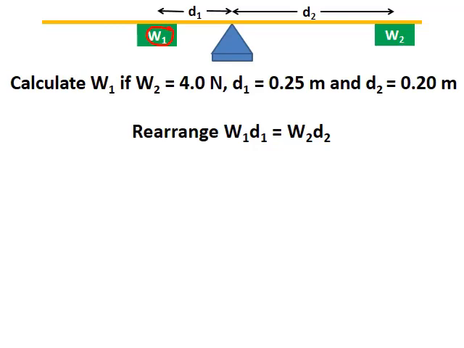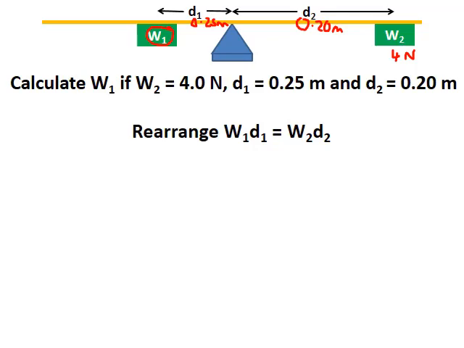If W2 equals 4 newtons, I'll write that in, D1 equals 0.25 meters. Notice we're working in meters. If you had centimeters, you'd have to convert to meters. And D2 equals 0.20 meters. Completely out of scale diagram, but we work with what we've got.